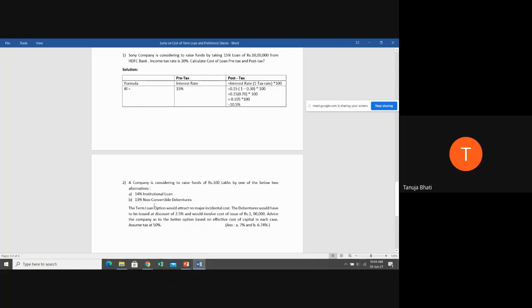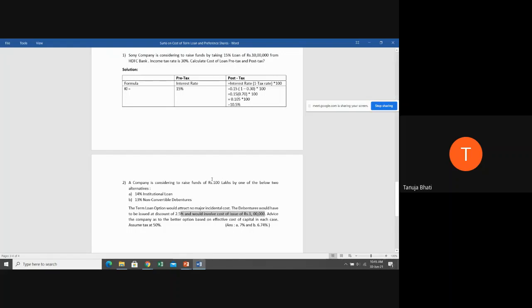Okay. Now next, divided by NP. Can anyone tell me what is NP here? The debentures would have been issued at a discount of 2.5%, which involves a cost of issue of 1 lakh. So what is going to be our NP? Face value minus discount minus cost of issue.